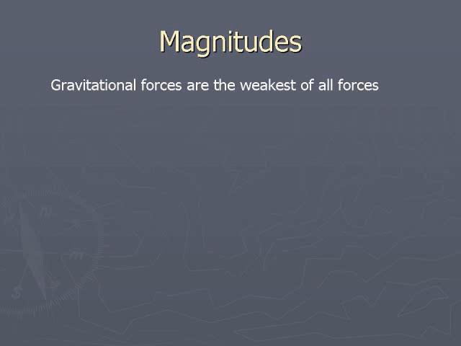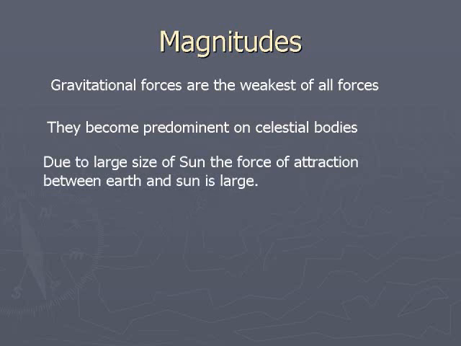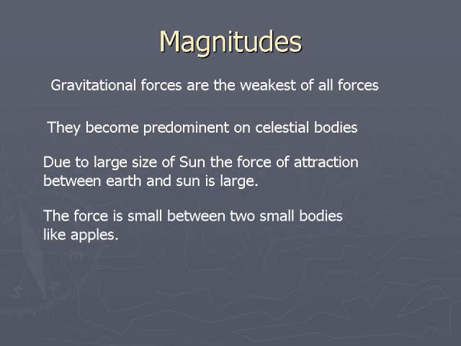Gravitational forces are the weakest, but they become very predominant, very large forces between celestial bodies because the bodies are very massive. The sun is the biggest body in the solar system, and because of its large size, the force between sun and earth is very large.